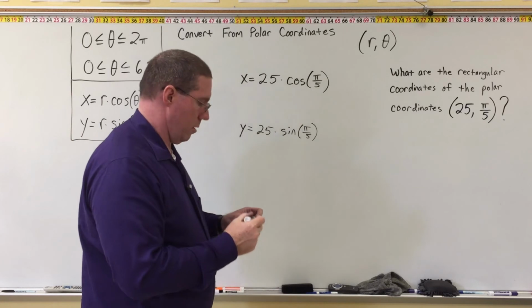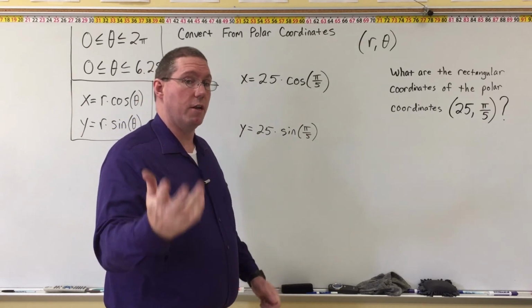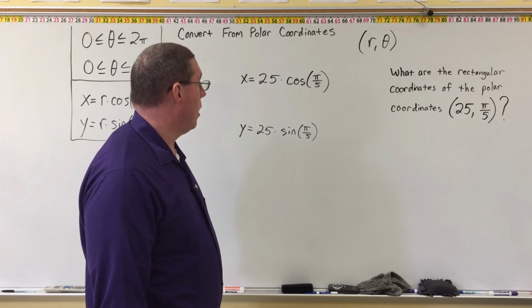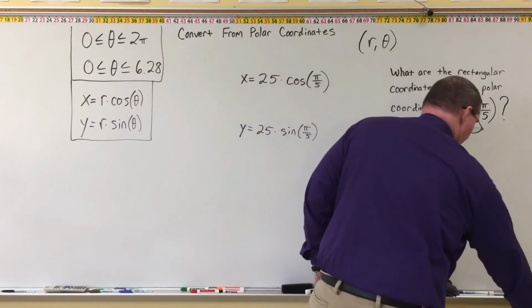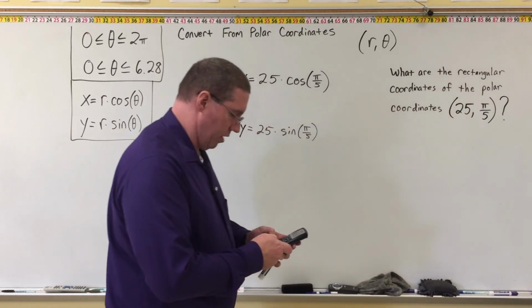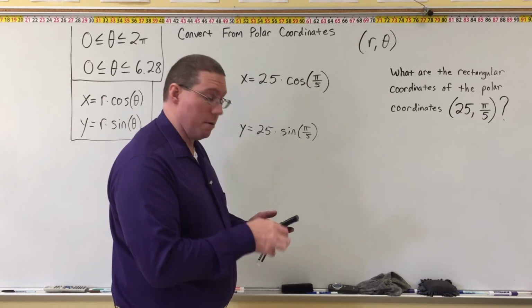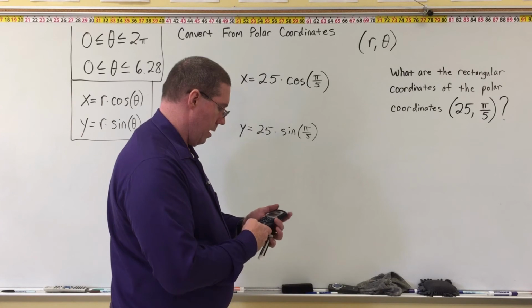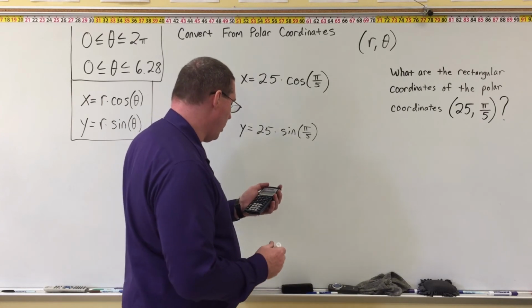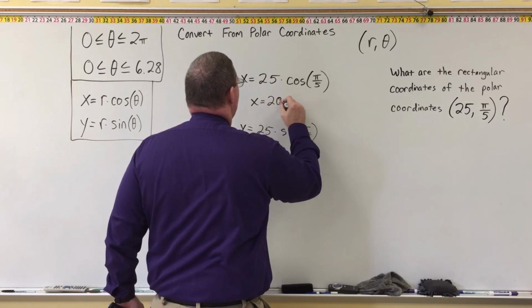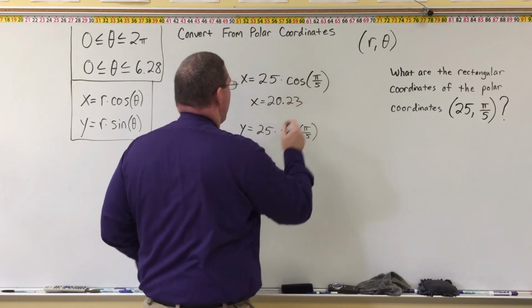And so, I forgot to give you a chance to pause the video and do it on your own. You can pause it now if you want to before we run the calculation. But let's go ahead and do that now. So we're going to do 25 times cosine of pi over 5, making sure I'm in radian mode here. And I get x equals 20.23.